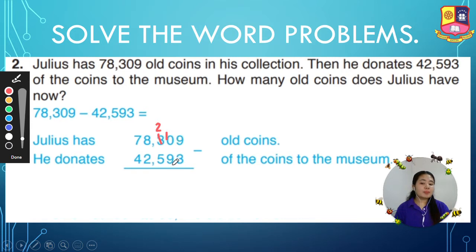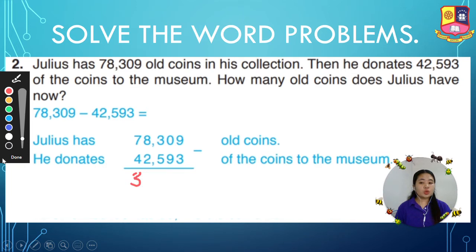So 10 minus 9, the answer is 1. Then this is 2, we borrow here. This will become 7 and this will become 12. So 12 minus 5, the answer is 7. Then 7 minus 2, the answer is 5. Correct. Then last one, 7 minus 4, the answer is 3.